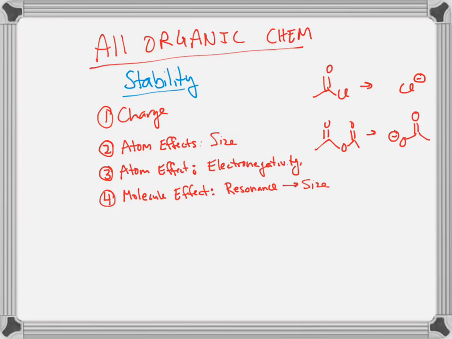So it's ultimately a size effect. It's the exact same thing that we saw for our atoms. There's another molecule effect, and it also gets a fancy name. What's that fancy name? Induction. Well, what's happening with induction? It's an electronegativity effect.